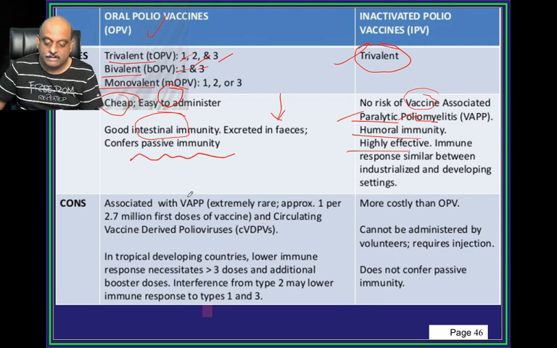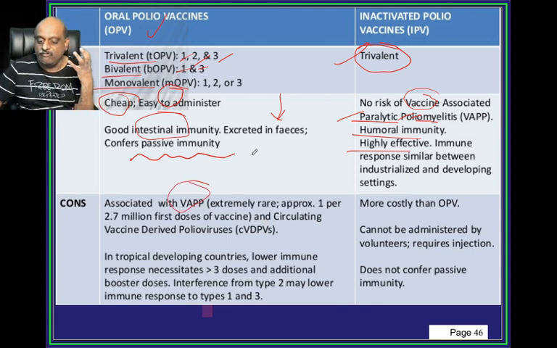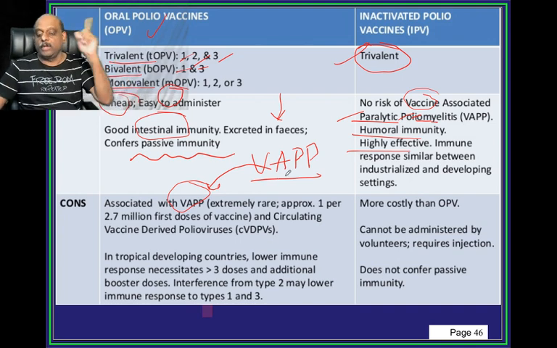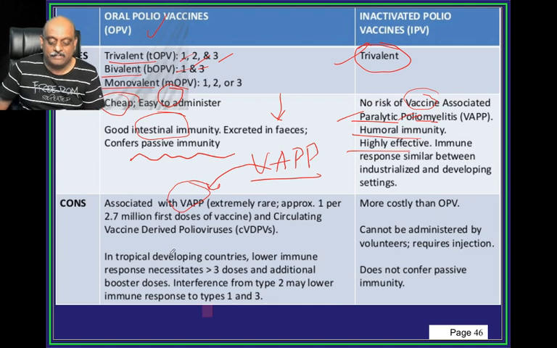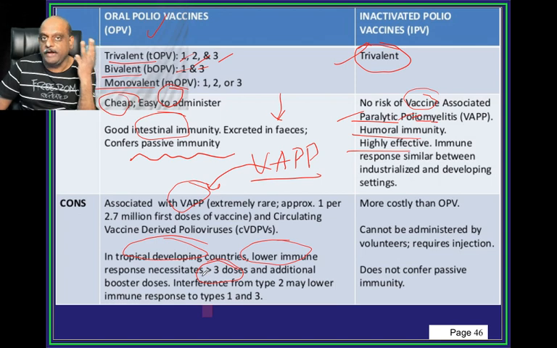Then oral polio vaccine, VAP. We are afraid of VAP. Vaccine associated paralytic polio is more common with oral polio. And in tropical developing countries, there is a lower immune response. That is the reason you need to give 3 doses.